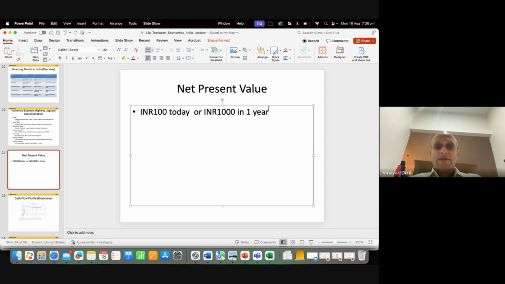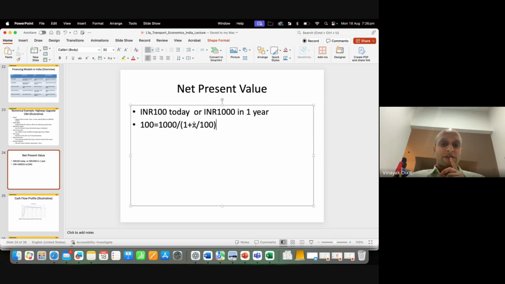So it's basically 100 is equal to 1000 divided by (1 plus x by 100) raised to the power of the amount of time. The time is 1 year, so that will be this. So you solve for x. What will x be?